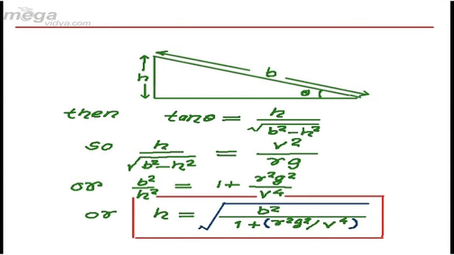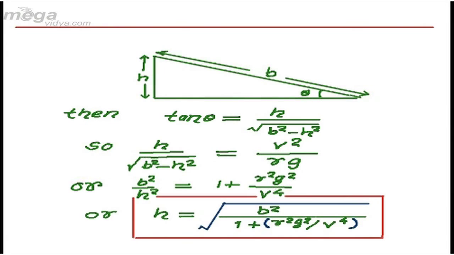By using trigonometry, tan theta can be written as perpendicular upon base, and the base can be written here as b square minus h square under root.